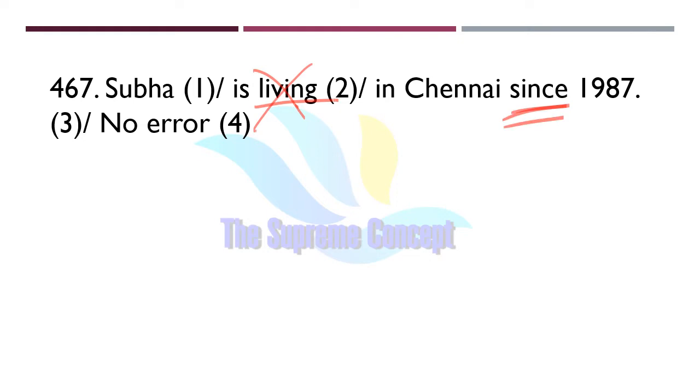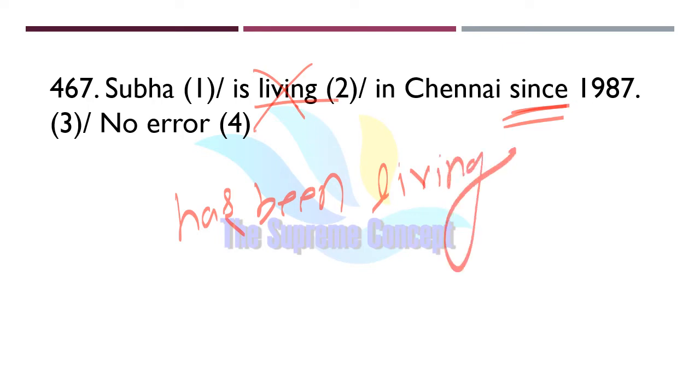So the answer will be: Shubha has been living in Chennai since 1987. So the error lies in part 2.